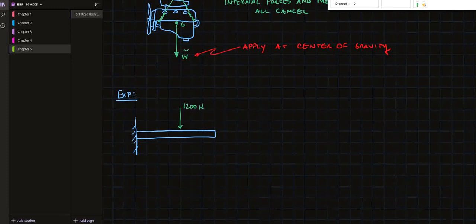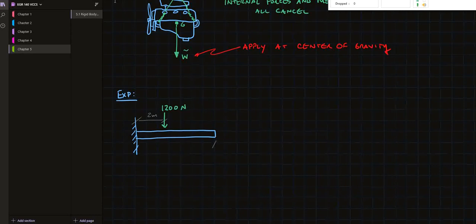Newtons. And this is applied, let's move this over, applied closer to the wall. Newtons. And we're talking maybe like 2 meters from the wall.